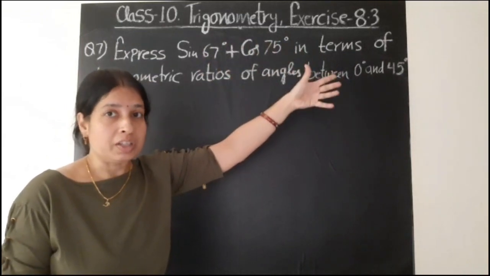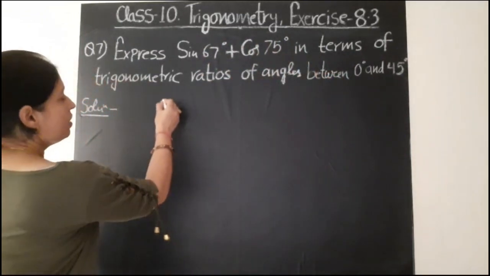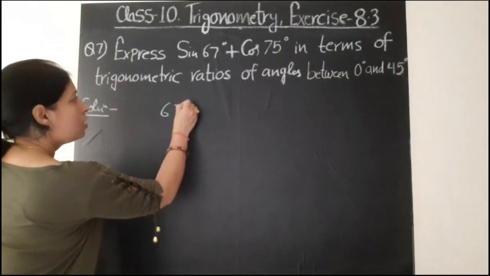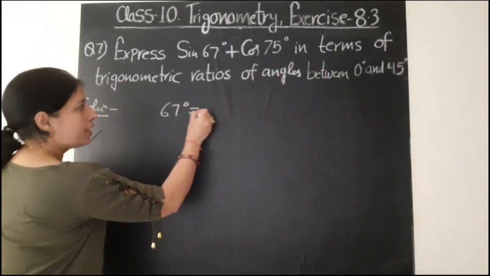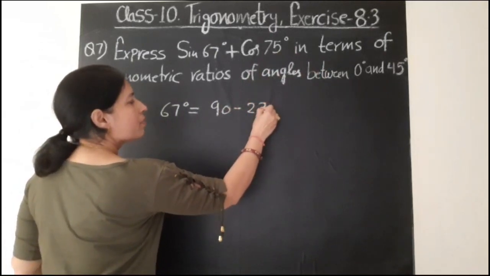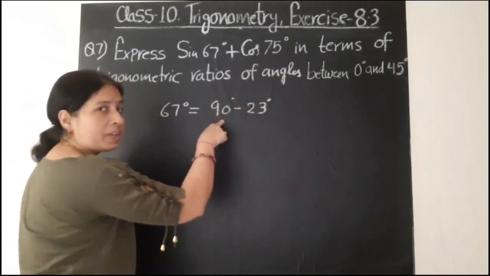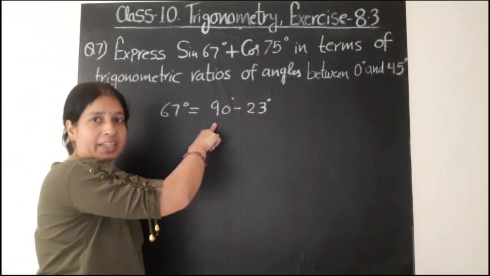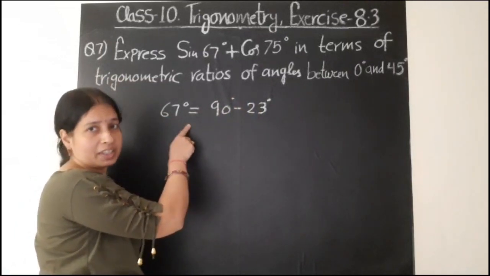So we have to convert them. So for 67 degree, you can write 90 minus 23. If you subtract 23 from 90, you will get 67 degree.